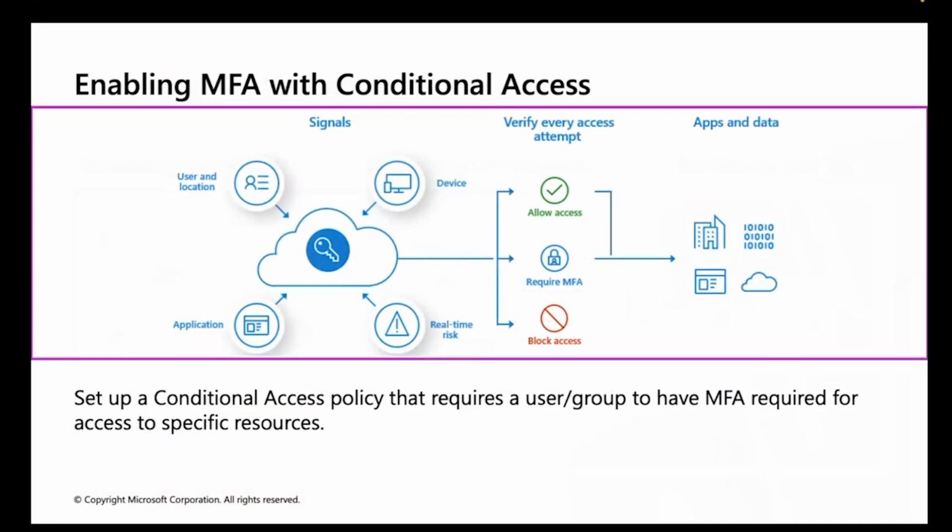generally, if any user is trying to access any resource, what happens? Your request will first be handed over to Entra ID to get the user authenticated. And once the user is authenticated, then it will go to the MFA where an additional layer of security will be checked.